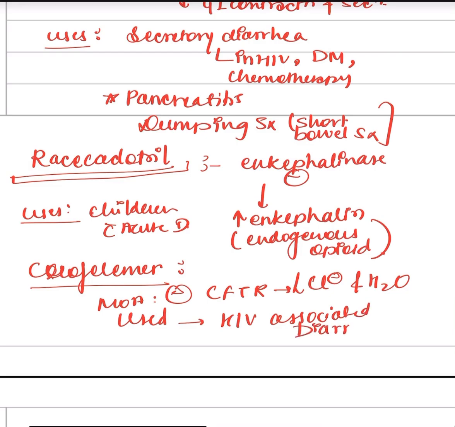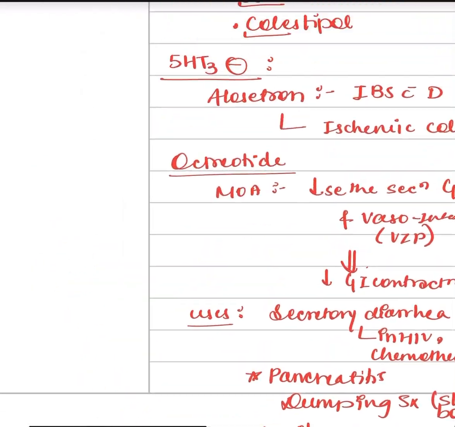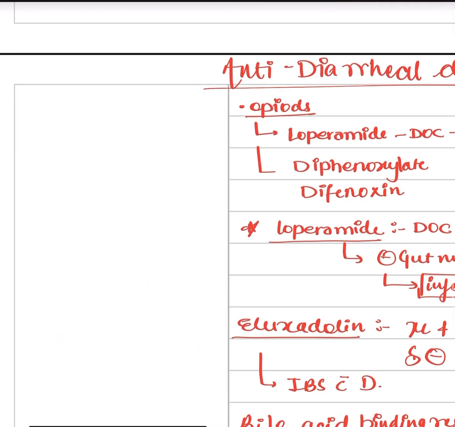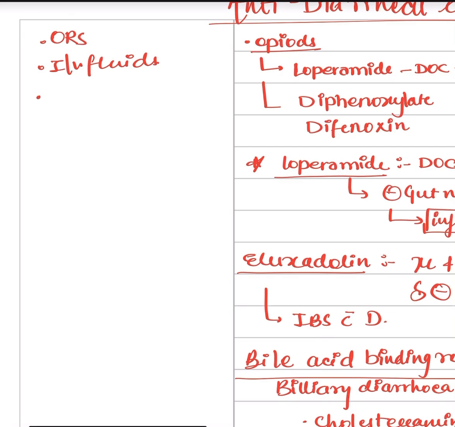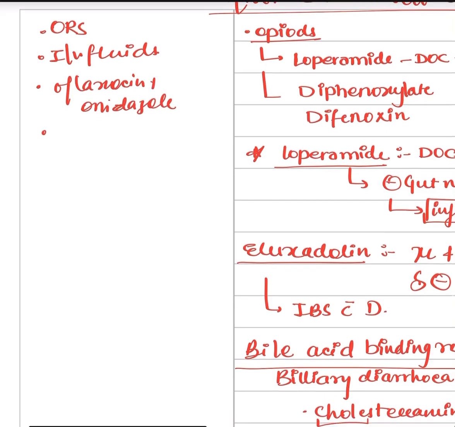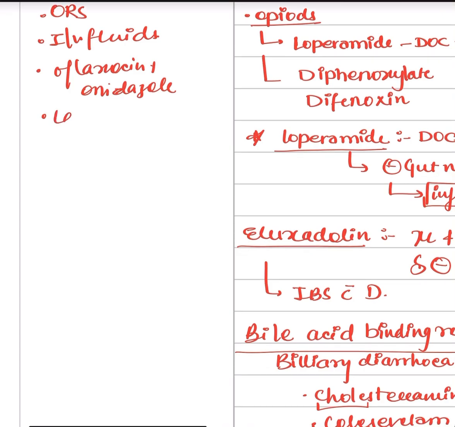One more thing that we can use for the treatment of diarrhea, we know already that we use ORS, we use IV fluids, we use antibiotics like ofloxacin or metronidazole, and for increasing the healthy bacteria of the gut we use lactobacillus. Diarrhea is mainly caused when there is a disbalance between the healthy bacteria and the bad bacteria of the gut, meaning there is an increase in the bad bacteria and a decrease in the healthy bacteria.